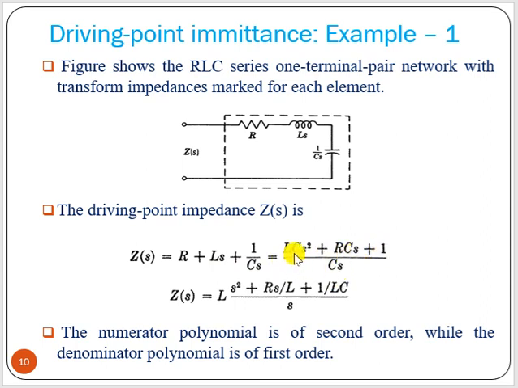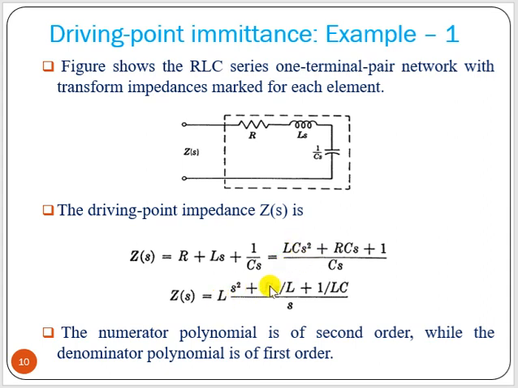Now in this case, for an immittance function, always try to make the highest power coefficient 1. S square is the highest power in this case, so we make its coefficient 1. So we have to divide this numerator by LC, and we can divide this denominator by C. Then what we will get is L by C, we can take common of LC here, and from here C, so C and C cancel out, so L is a constant term.